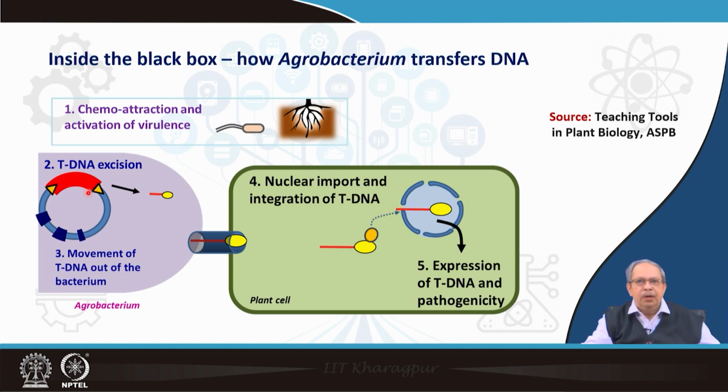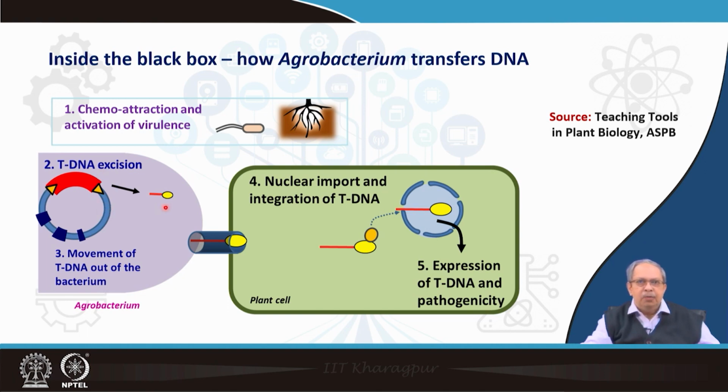For example, virD1, virD2, virD3 play an important role to cut the T-DNA from the Agrobacterium Ti plasmid. First there will be a cut in the right border, then a cut in the left border, and once this portion is excised, Agrobacterium repairs its plasmid through the DNA repairing mechanism.